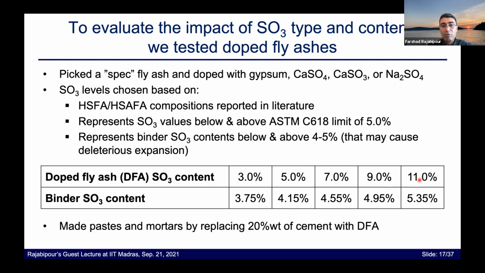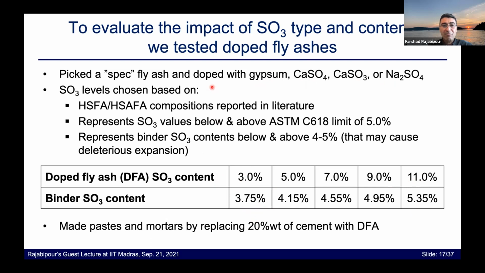We also made cement paste and mortar mixtures with 80% Portland cement and 20% of such doped fly ashes. That means the total binder SO3 content was 3.75% all the way to 5.35%.